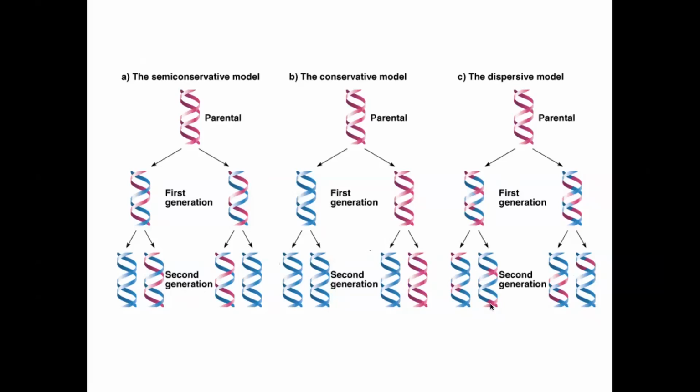So how do you do that? Well, what they decided to use was a density isotope of nitrogen. So not a radioactive isotope, but a density isotope of nitrogen. In other words, you could make old DNA of a different density than newly synthesized DNA, and therefore distinguish between the two types, and then distinguish between the different populations of DNA created through one round or two rounds of DNA replication.